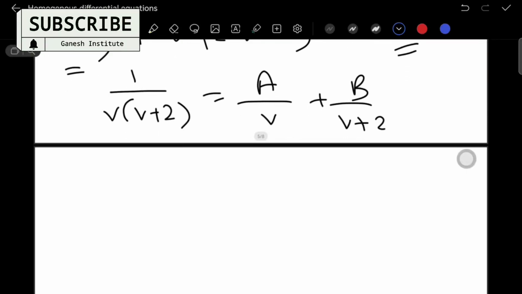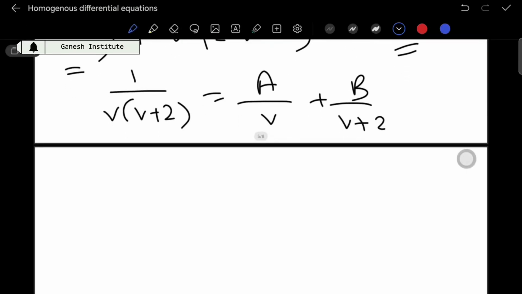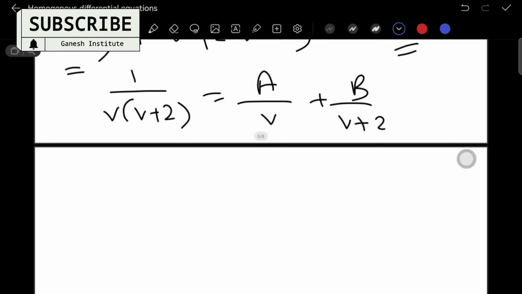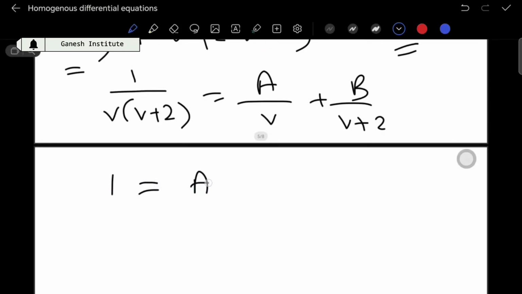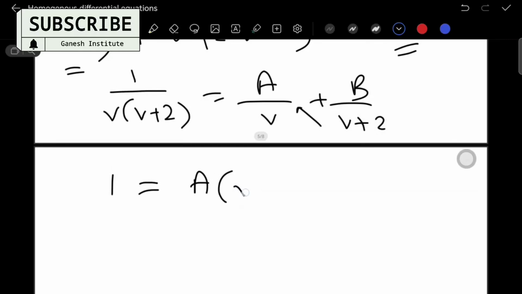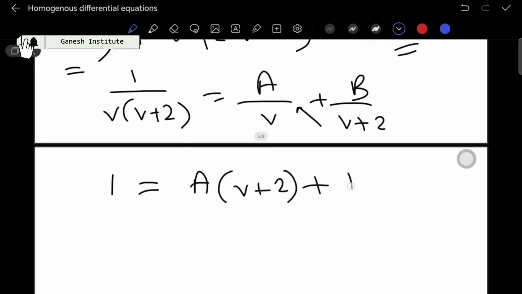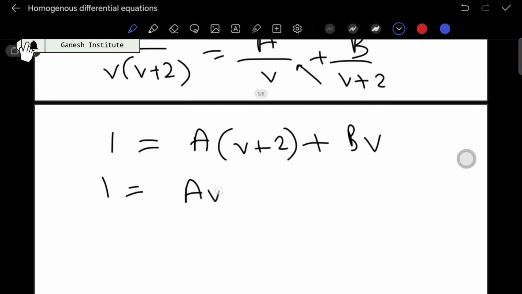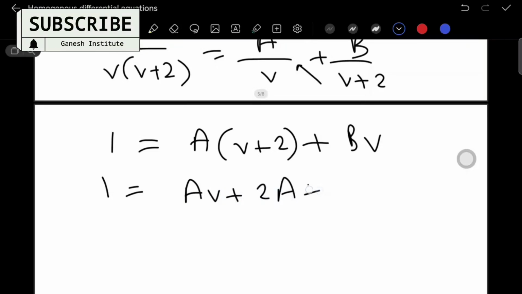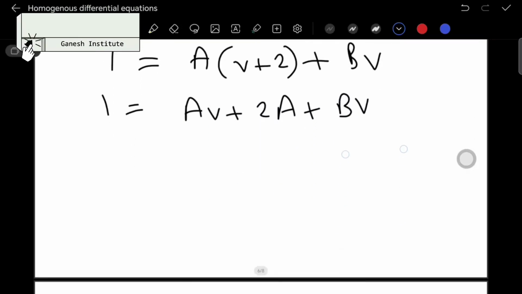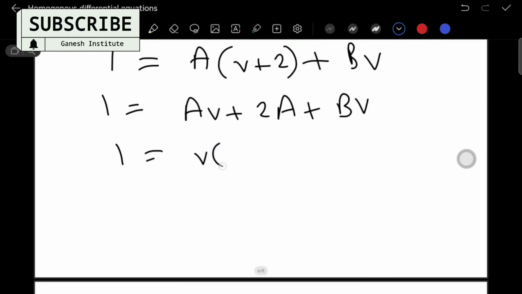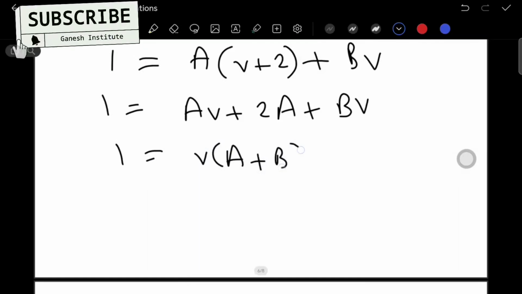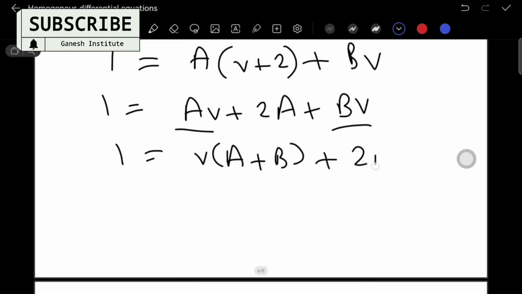Alright, now find out the values for a and b by comparing. So it is 1. Here if you cross multiply, this is a into v plus 2 plus bv. 1 equals av plus 2a plus bv. v can be taken out as common for these two plus 2a.